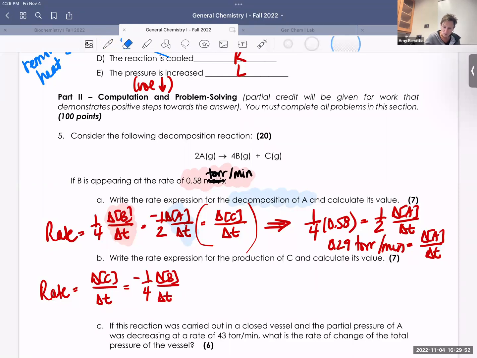So this is again going to be that 0.58 that we have there, and we need to multiply it by a quarter. Because there's no fraction that we have for C, that answer is just going to be 1/4 of the rate change in B. So no fraction there, so our answer is going to be that whole part. So that's going to be 1/4 times 0.58, which is 0.145 torr per minute.